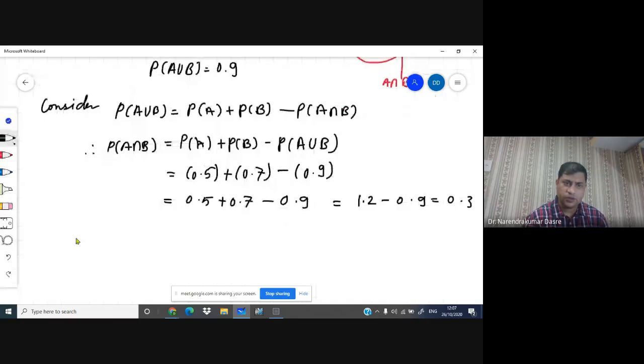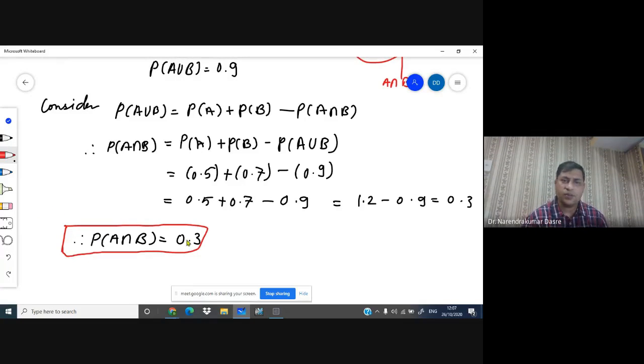So we got the probability of A intersection B is equal to 0.3.